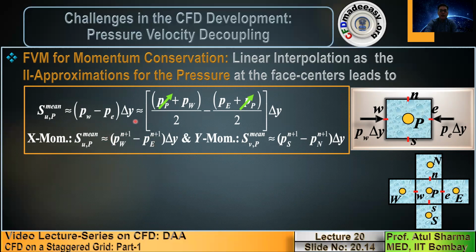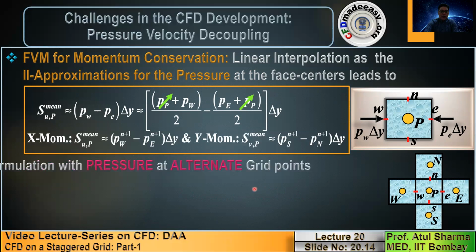The algebraic formulation is presented here for x momentum conservation. This is presented for y momentum conservation. Here again you see that it consists of pressure at W and E. W and E are alternate grid points, because there is another grid point, P, in between.